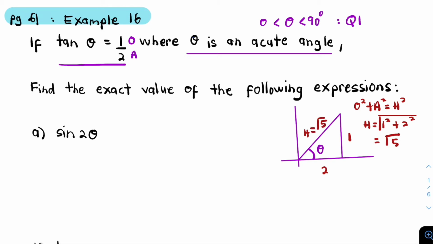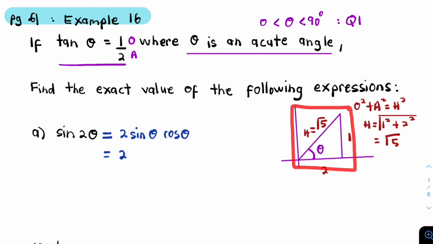Okay, now you know your missing side. You can answer the rest of the question. The first question asks for sine 2 theta. Find the formula from your formula list, which gives you 2 sine theta cosine theta. Then simply substitute. 2 is just a coefficient. Sine theta, for the first quadrant, will give you a positive number.